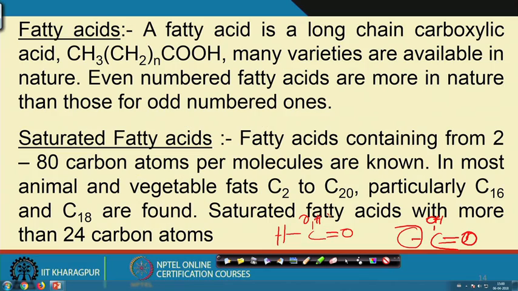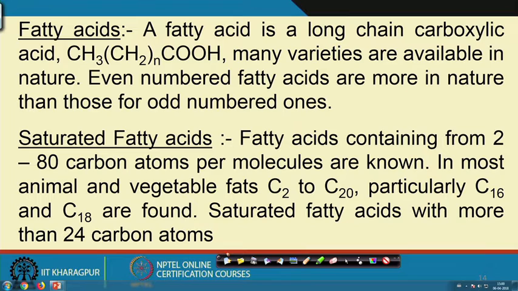This is because of natural occurrence. From nature, the occurrence of fatty acids is seen to be predominantly from C4, right.